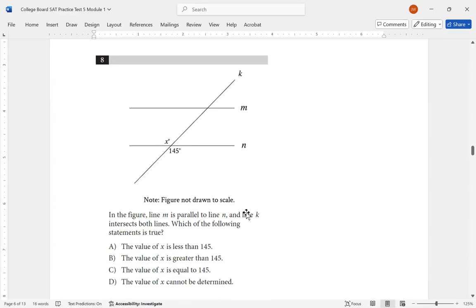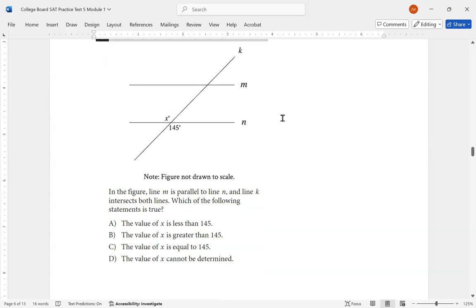Question 8 says, in the figure, line M is parallel to line N, and line K is intersecting both lines. Which of the following statements is true?